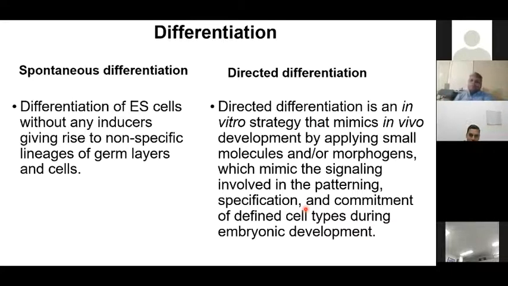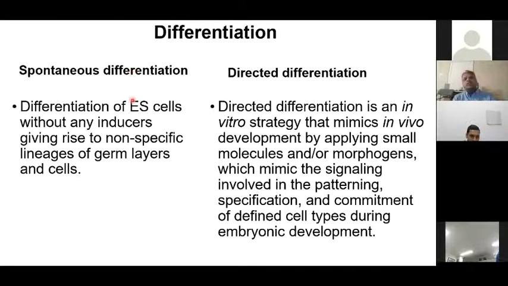Now, what we can do with these induced pluripotent stem cells is spontaneously differentiate them, without any inducers or growth factors added, if we leave them without leukocyte inhibitory factor, LIF, which prevents the differentiation of these maintained pluripotent stem cells.